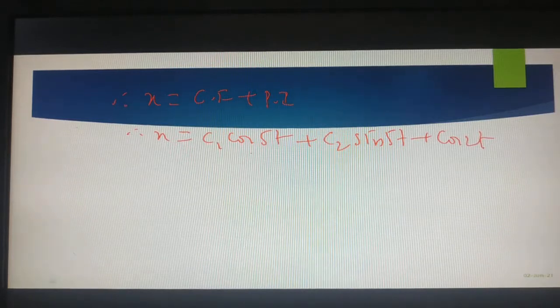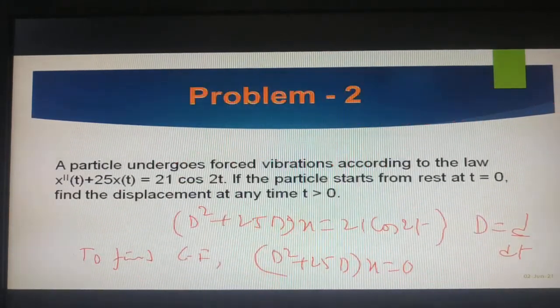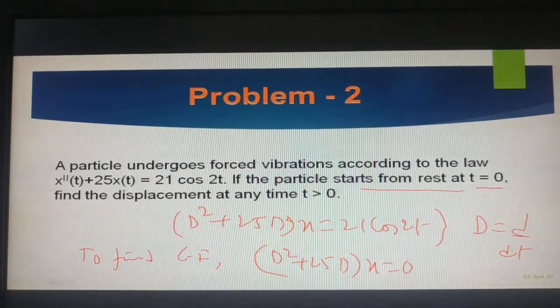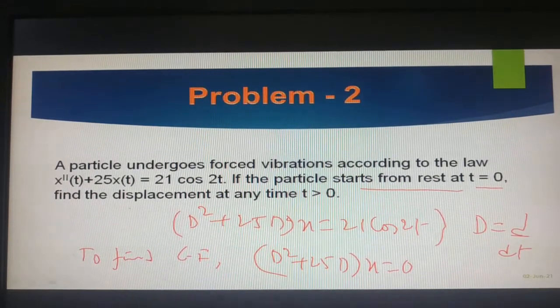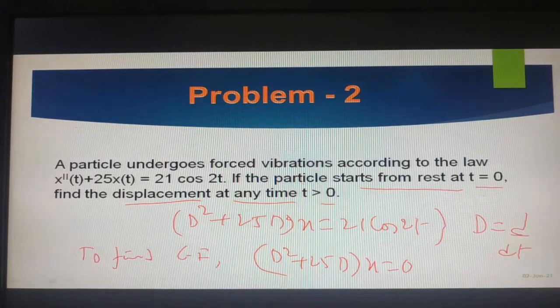So what have they given? Go back. It starts from rest when t equal to 0. So we have to find the displacement at any time. That is what they have given.